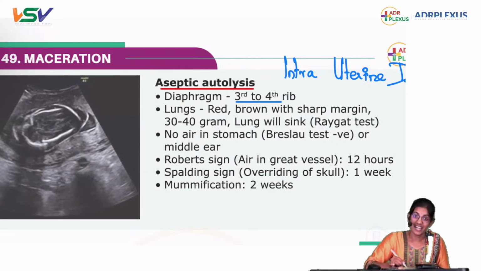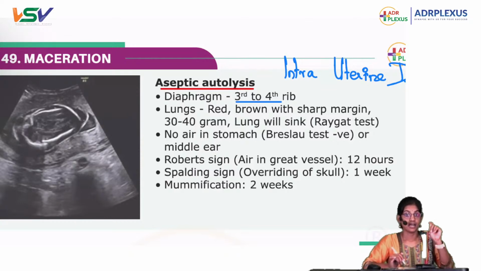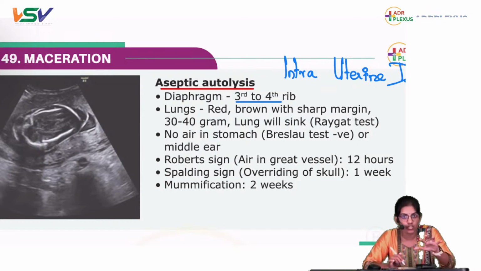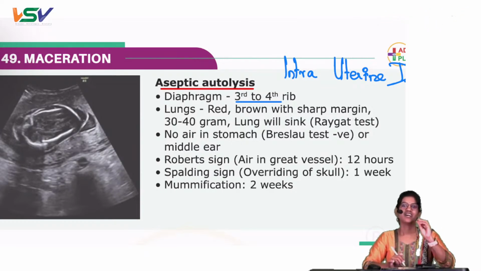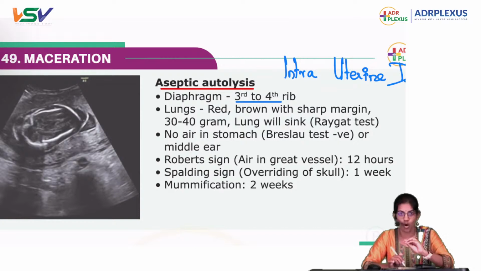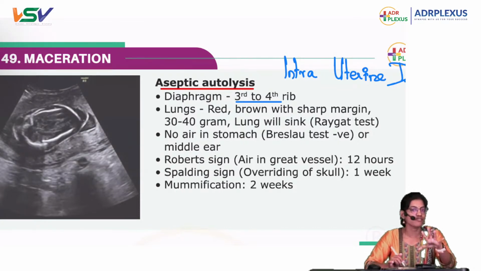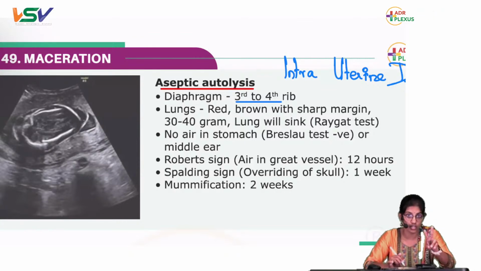Then lung. See, when the child respires, air goes in. Along with the air, there is also blood going in. So a respired lung is heavier. Remember that a respired lung is heavier. A non-respired lung is not heavy. An unrespired lung is about 35 grams in weight, both lungs together.